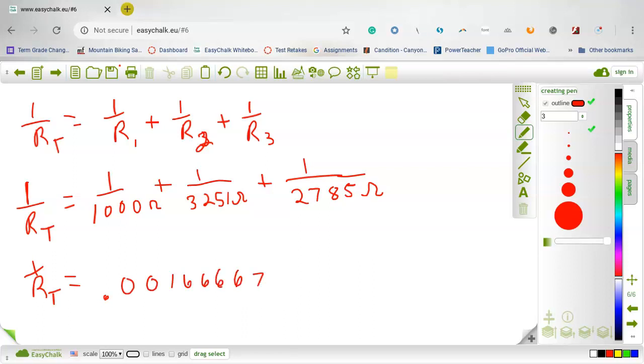0.00166667. Now remember, that's 1 over. I've just added these up in decimal form. So let's put this step in here so you can see this.